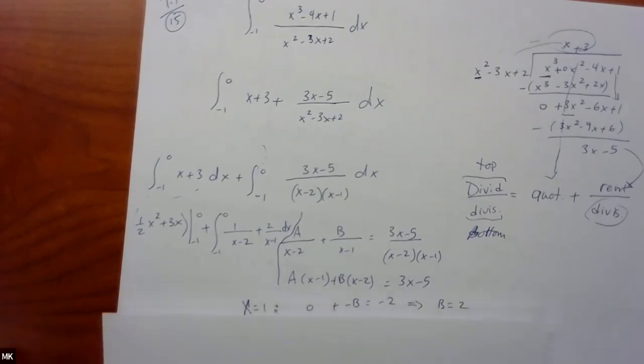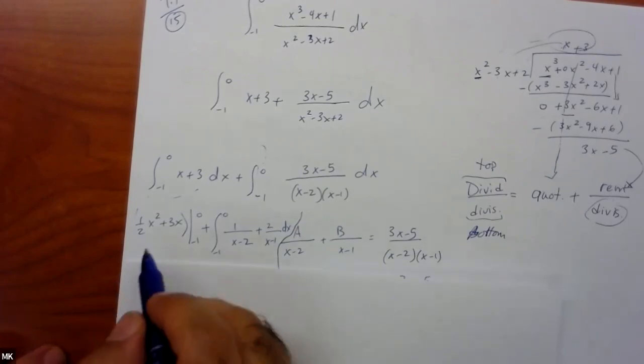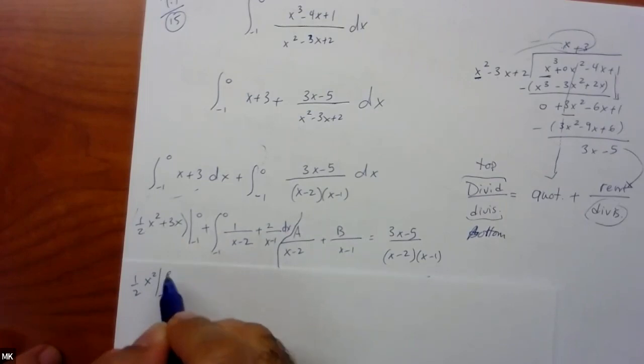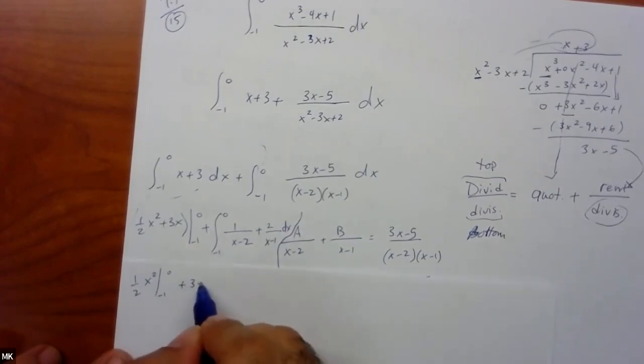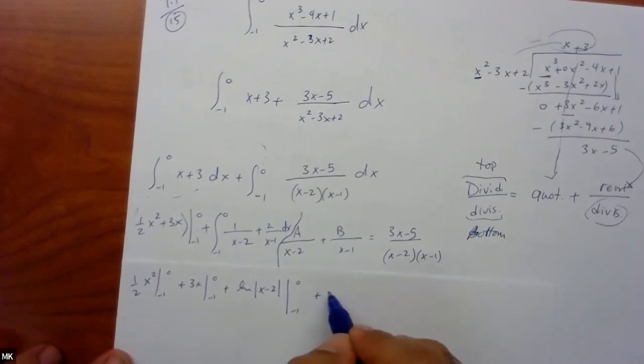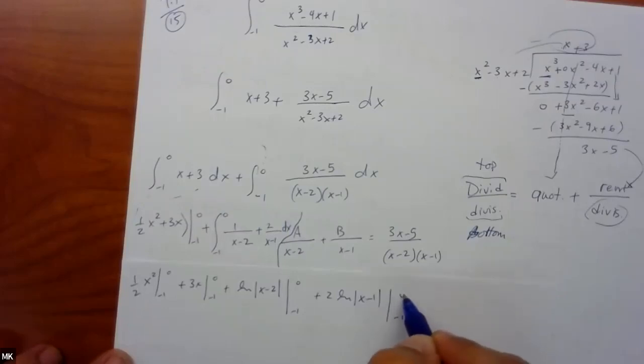Yeah, okay. So here now I'm going to say 1/2 x squared from -1 to 0, 3x from -1 to 0, natural log of absolute value x minus 2 from -1 to 0. That's very important to put the absolute value, okay? Plus 2 natural log of absolute value x minus 1 from -1 to 0.